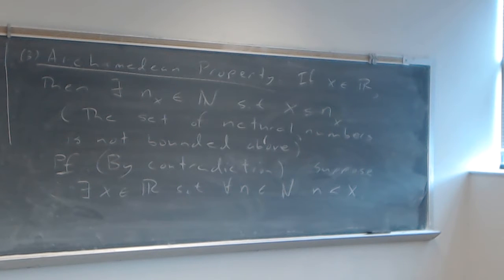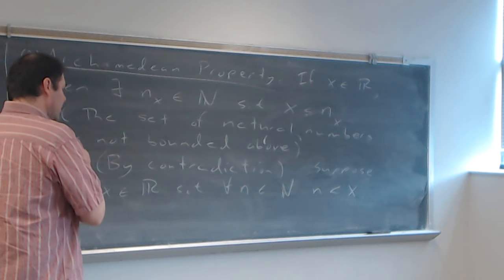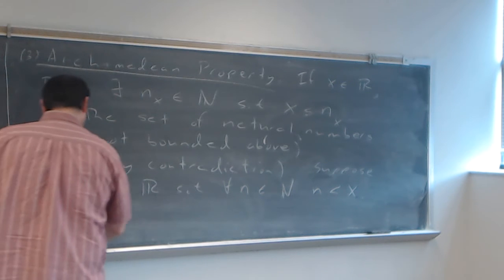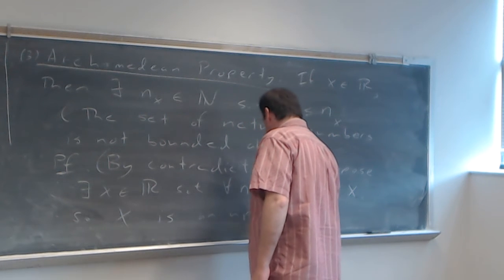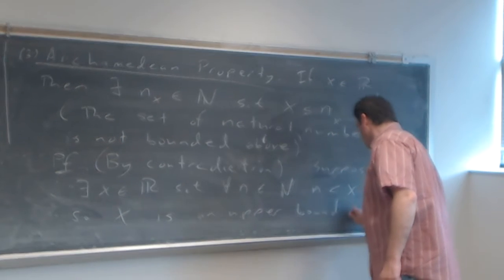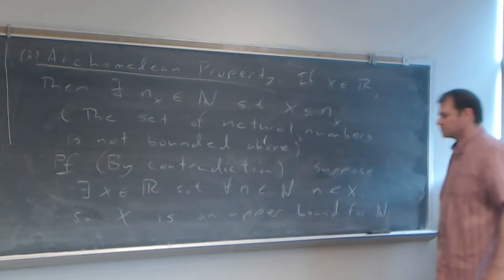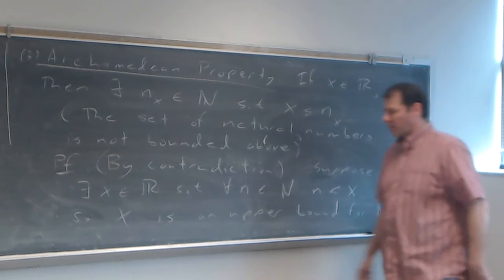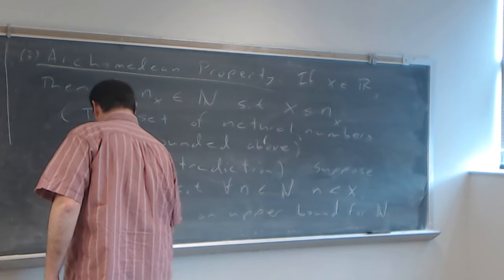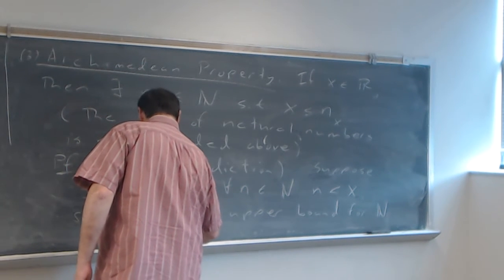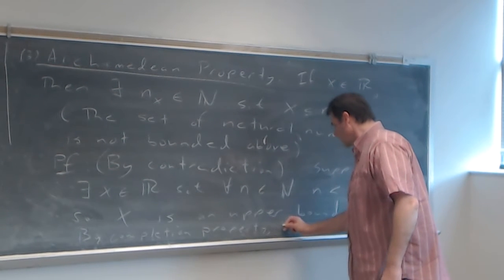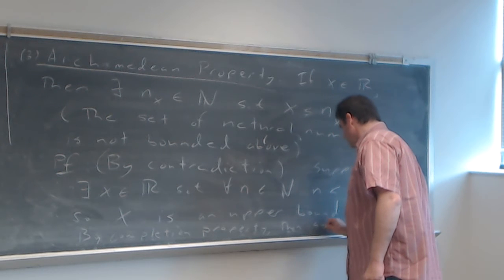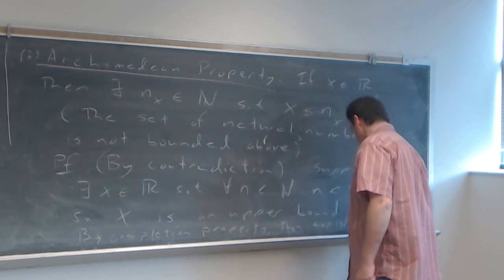Okay, so let's look at that. What we'd be saying here is that, by definition, x is an upper bound for the natural numbers. And by the completeness property, the supremum of script N exists.